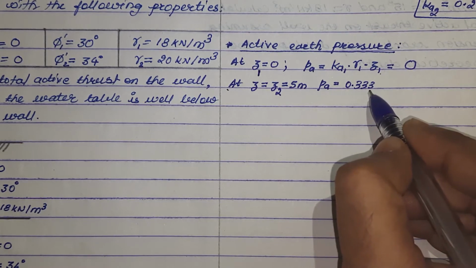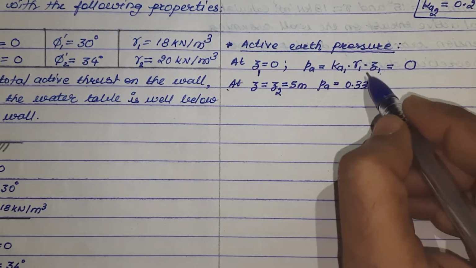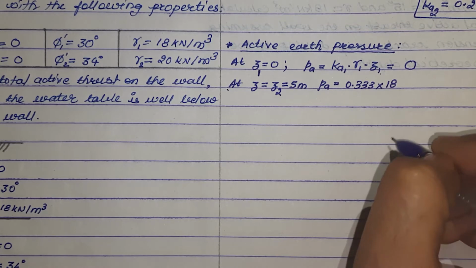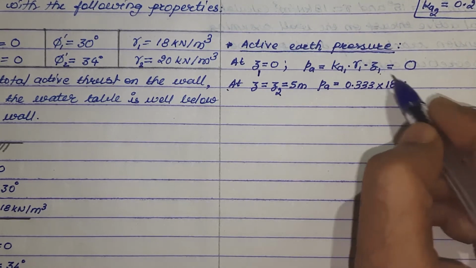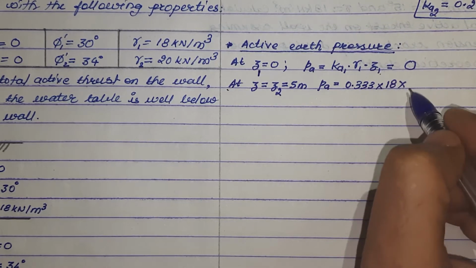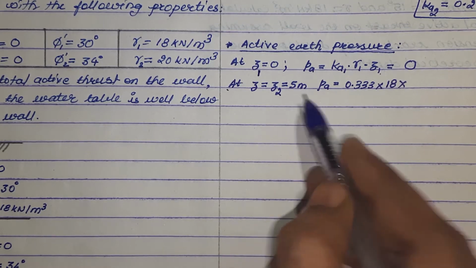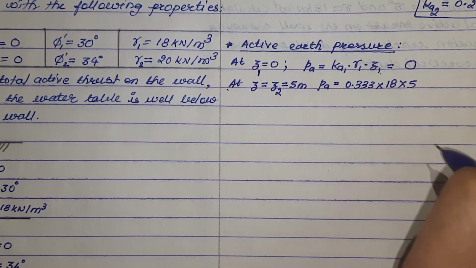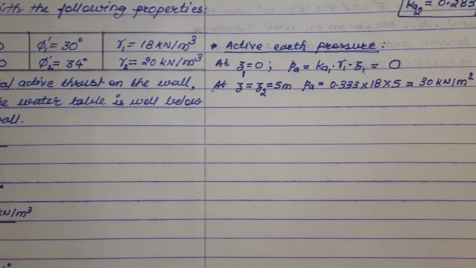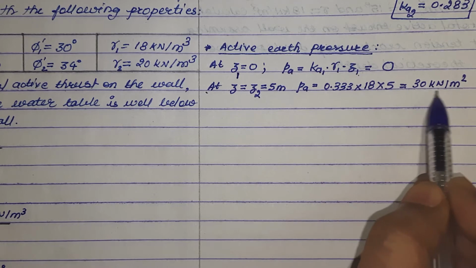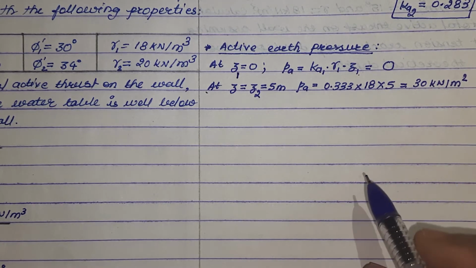So 0.333 multiplied by the unit weight of the top soil, which is 18 kilonewton per cubic meter, multiplied by Z1. In this case, instead of Z1, it will be Z2, that is 5 meter. So 5. Hence, after calculation, PA comes out to be 30 kilonewton per meter square.